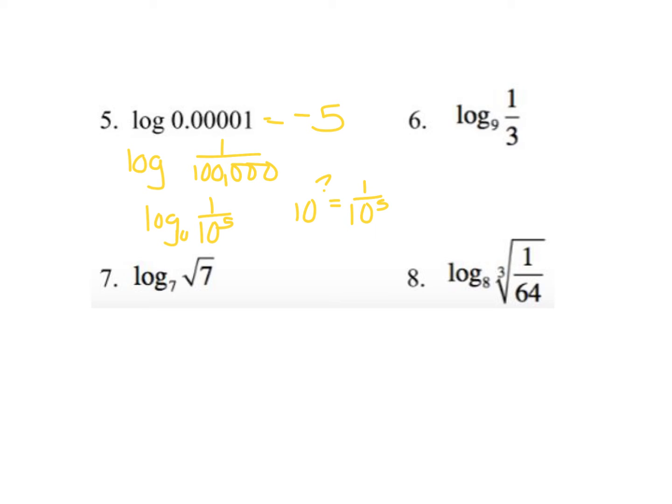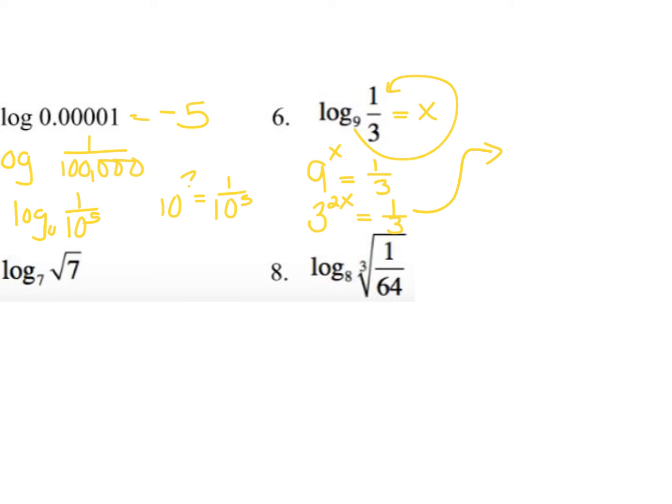Number 6, log base 9 of 1/3. Again, I'm looking for an exponent, so this is really saying 9 to some power, which I'll call x, is equal to 1/3. And I'm going to rewrite my 9, my base, using a base of 3. So this would be the same as 3 squared. So I'd have 3 to the 2x is equal to 1/3.